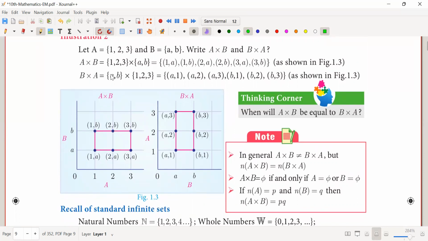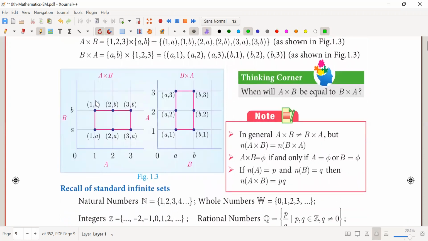And B cross A is (a, 1), (a, 2), (a, 3), (b, 1), (b, 2), (b, 3). Okay? So when we put it in a graph, the x-axis is 1, 2, 3, and the y-axis is A, B, C, likewise. It is totally different. So this is not the same.